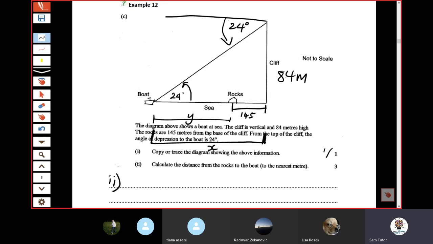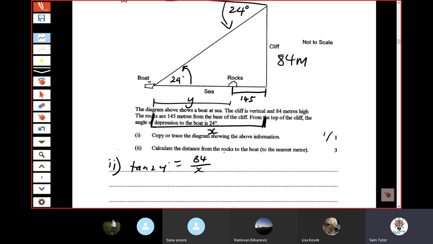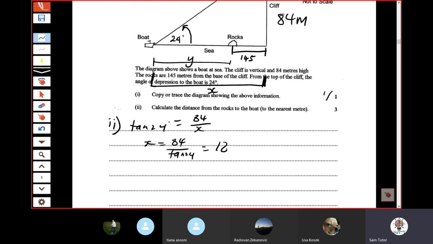So you're just going to do the big triangle, tan 24, opposite over adjacent, the whole triangle, which is X. Solve for X, which is 188.66, and then of course Y equals 188.66 minus 145. 44 meters. 3 marks.